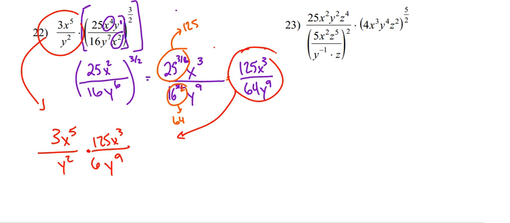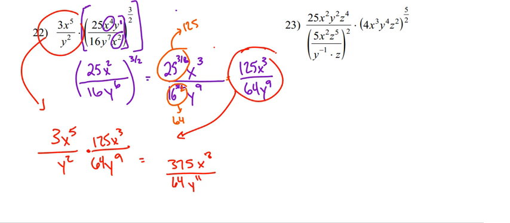Oh, I need a 64 down here, don't I? Okay, so 3 times 125 is 375. X to the 5th times x to the 3rd is x to the 8th. 64 is down in the bottom, and y squared times y to the 9th, that's y to the 11th. We add those exponents.